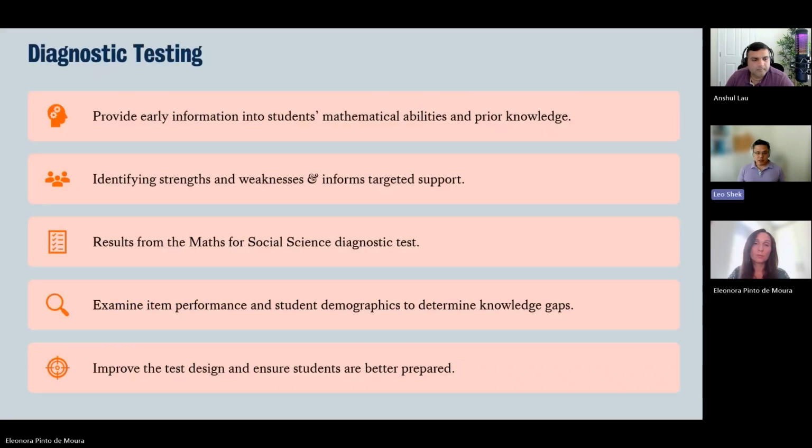So, the background of the diagnostic test. A diagnostic test is to provide early information. We particularly give this diagnostic test at the beginning of the program, so that it can provide us early information into the students' mathematical ability and their prior knowledge.